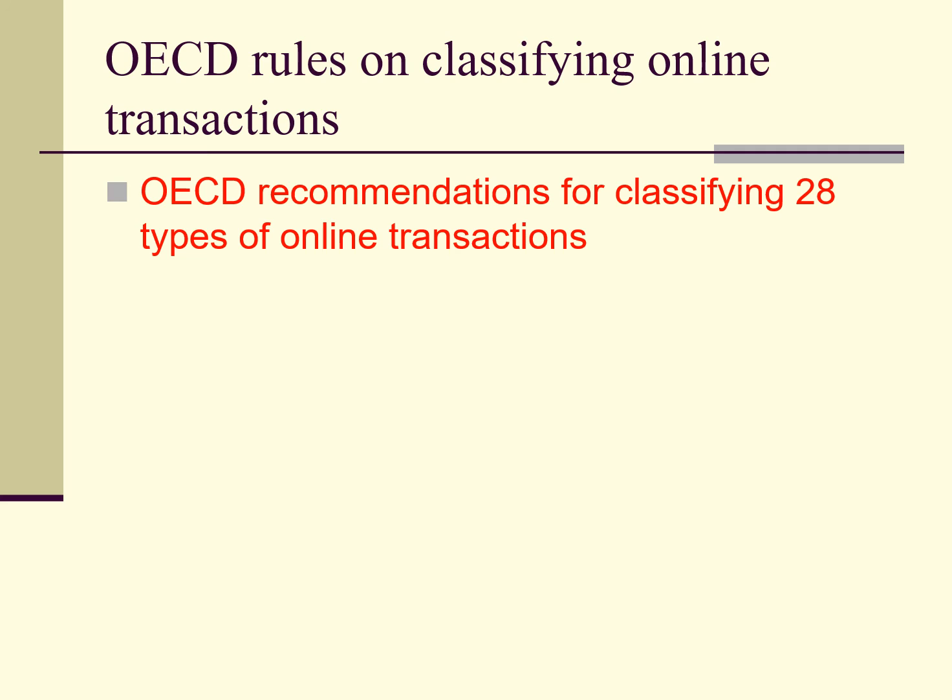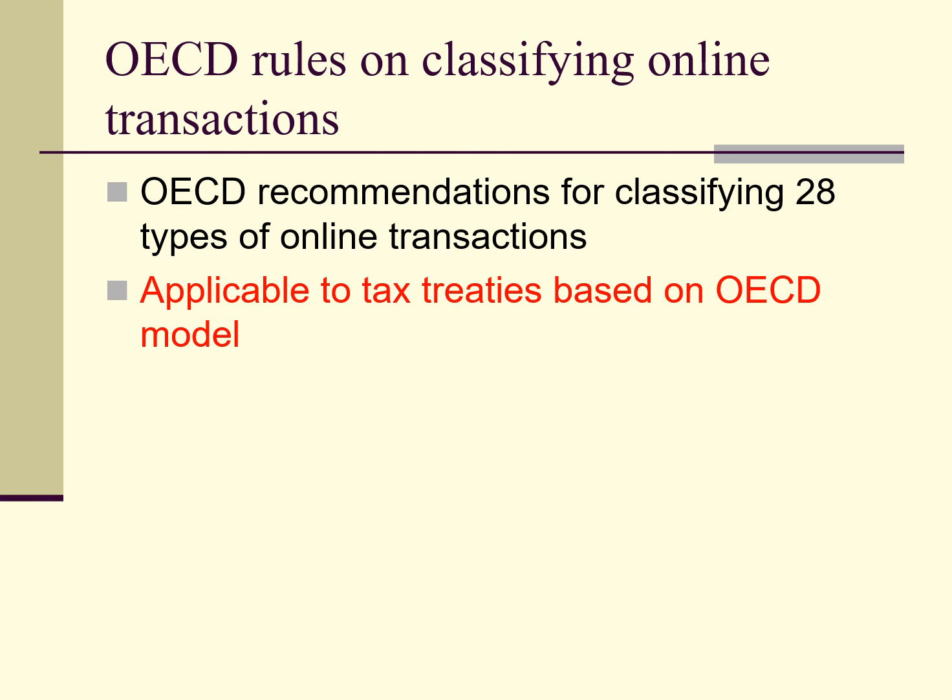While not necessarily binding, they are one of the most comprehensive sources of guidance on the classification of online transactions. As discussed in the text, the classification rules apply to transactions covered by tax treaties based on OECD model treaties. Because the U.S. model tax treaty is similar to the OECD model, the rules can be applied in classifying transactions covered by U.S. tax treaties.